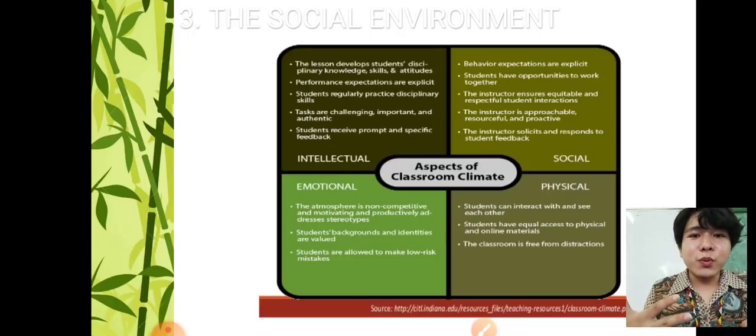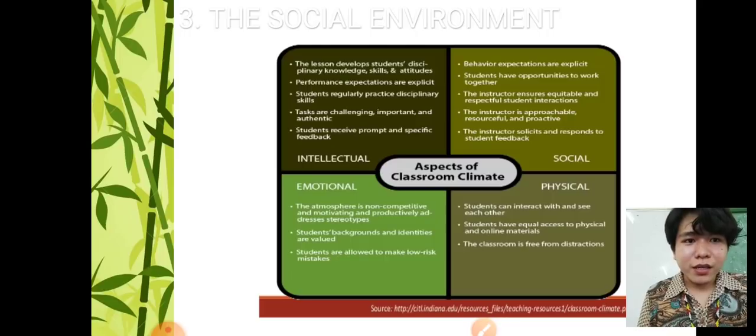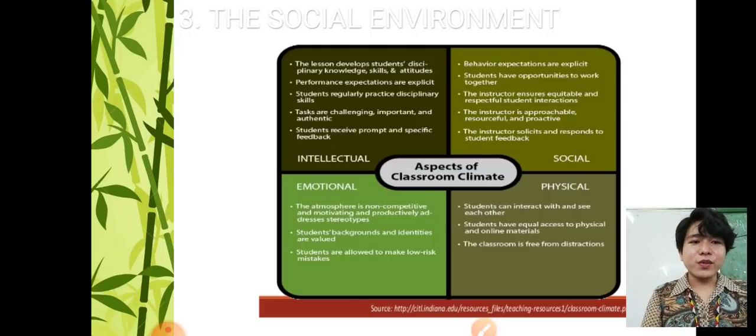Therefore I do have a connection with them. I stand as their second parent wherein they could really trust me. So, those are the aspects of classroom climate.